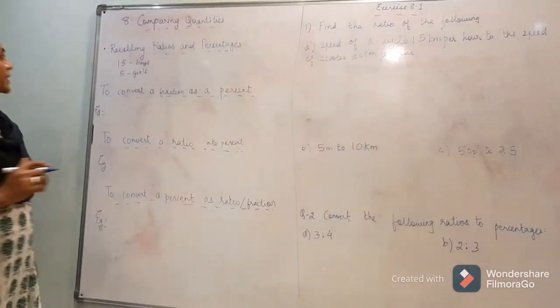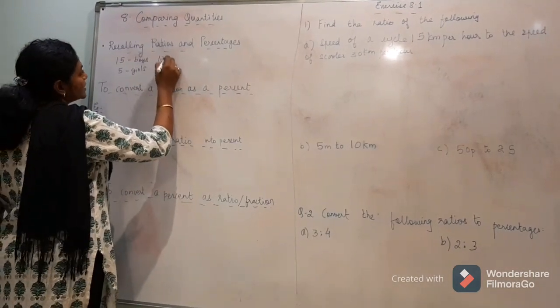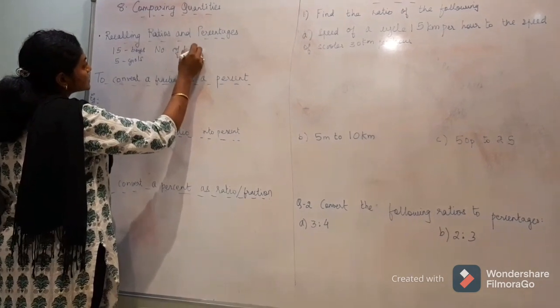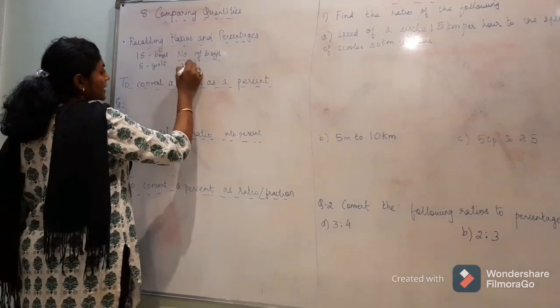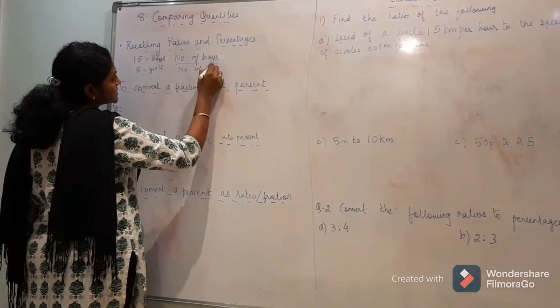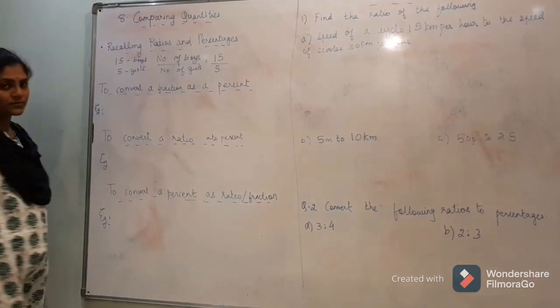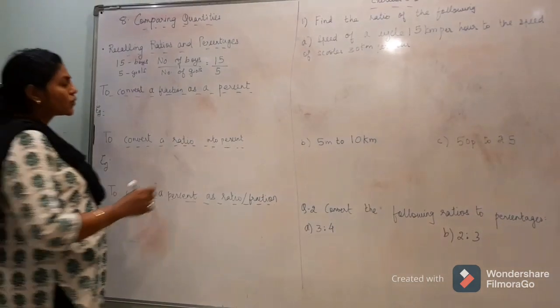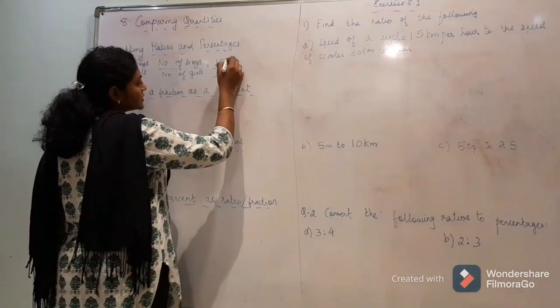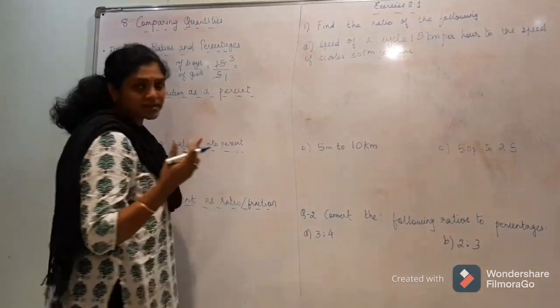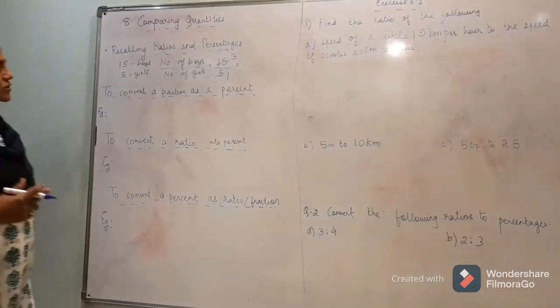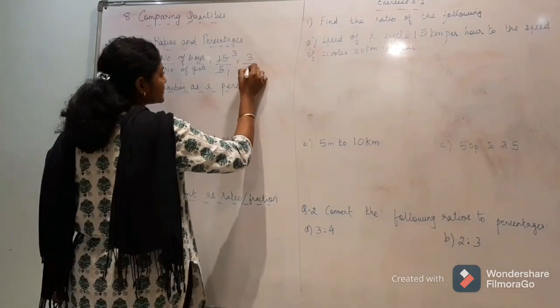So how will I compare the number of boys divided by the number of girls? That is 15 by 5. Right? Now if it is reducible to lowest terms, you can reduce it. So ये 3 by 1 आ जाएगा.